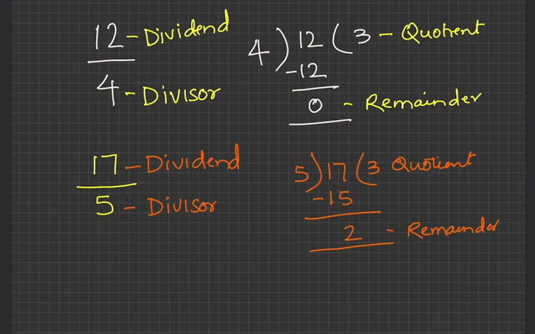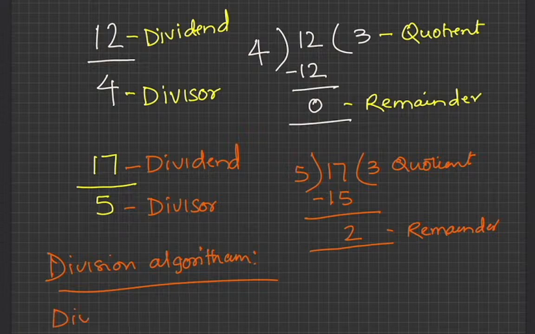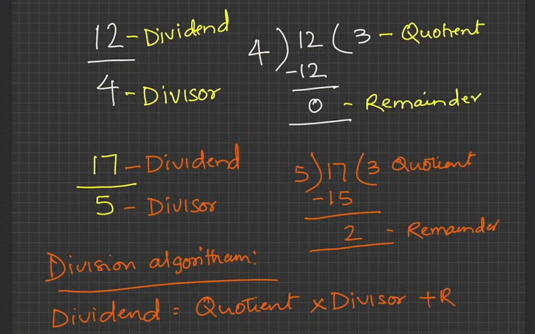So in my division algorithm, I can write: dividend is equal to quotient times divisor plus remainder.